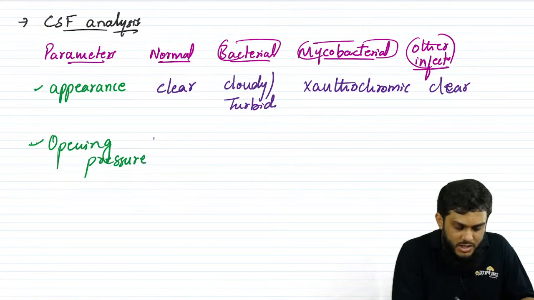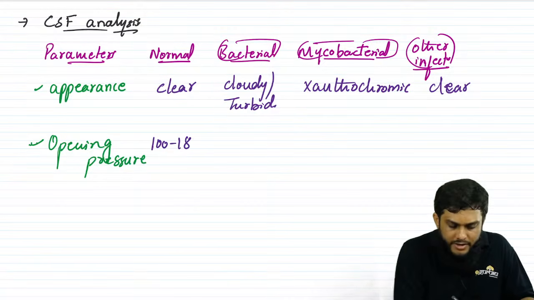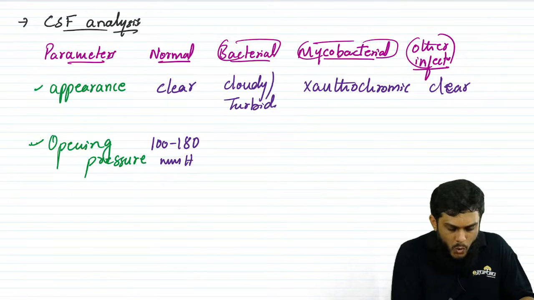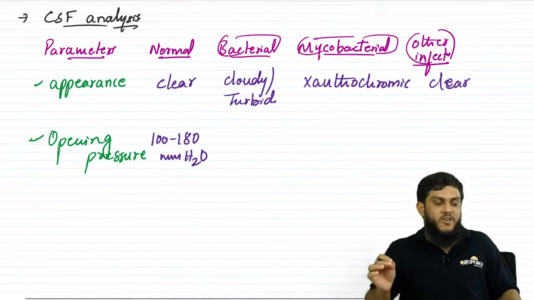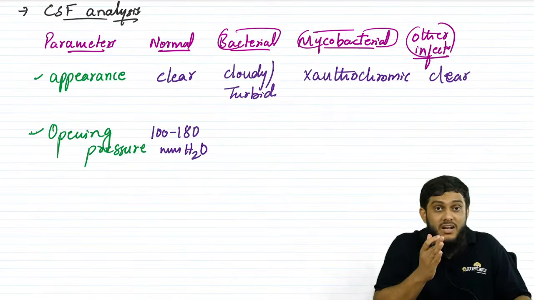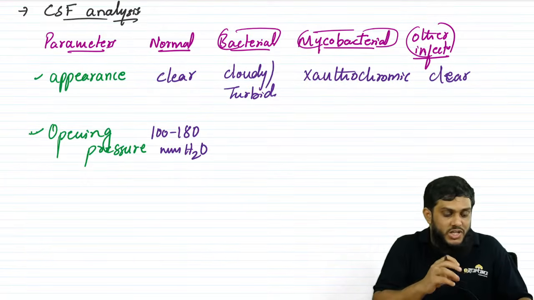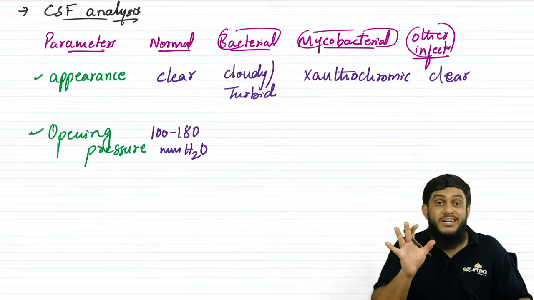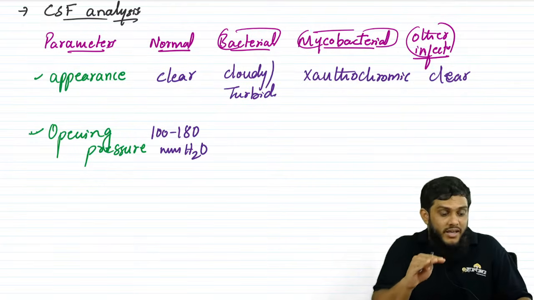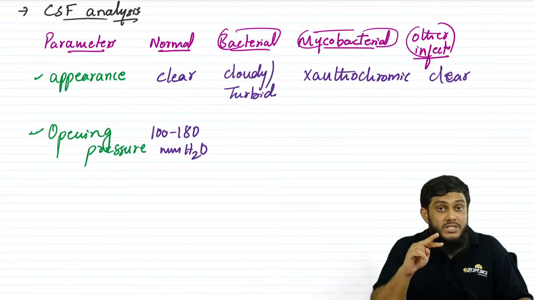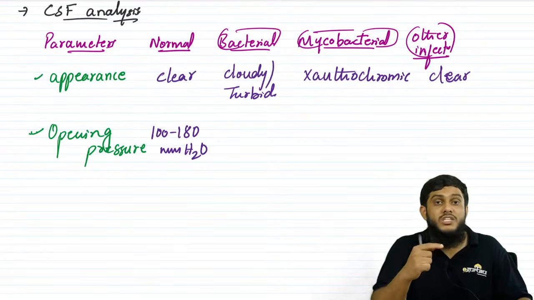Normal pressure is 100 to 180 millimeter of H2O. This is the normal CSF pressure in the lateral recumbent position, that is, in the lying position. Why am I telling lateral lying down position? Because CSF pressure changes if you change the position.